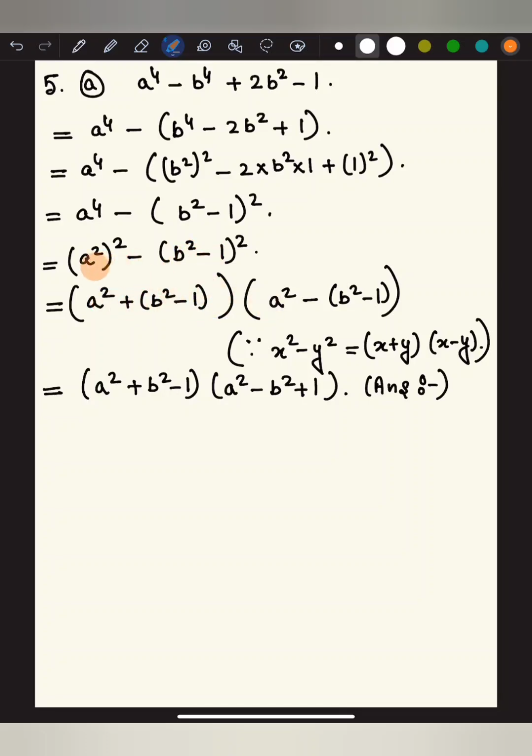It will be (a squared plus b squared minus 1) into (a squared minus b squared plus 1), opening the bracket. This will be our answer.